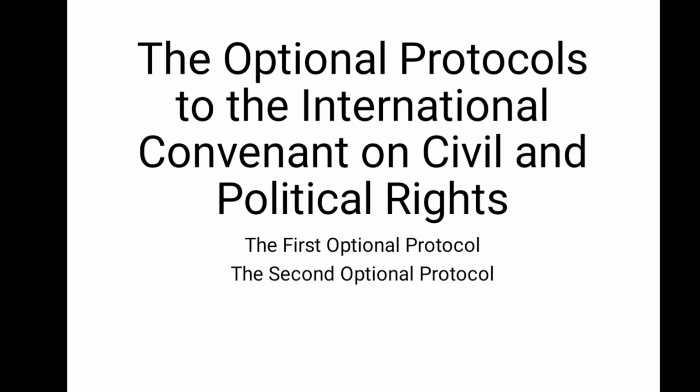It was adopted in 1989 and came into force in 1990. This protocol was aimed at the abolition of the death penalty in countries that ratify it. The protocol works in the belief that Article 6 of the ICCPR, which protects the right to life, translates into abolition of the death penalty.